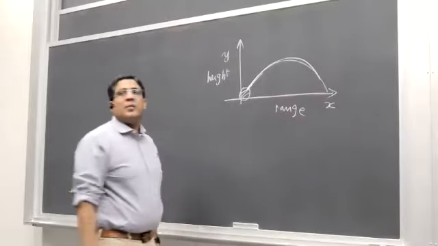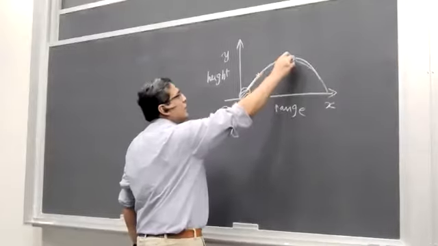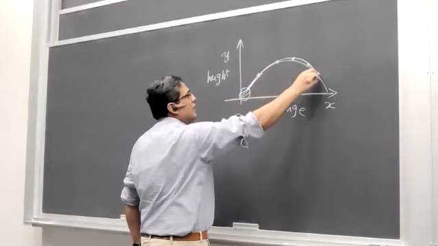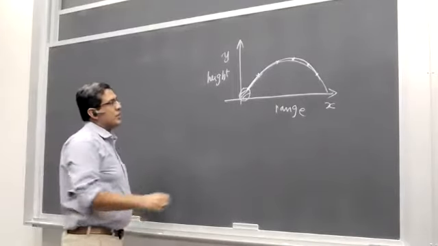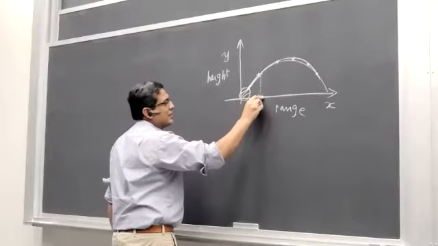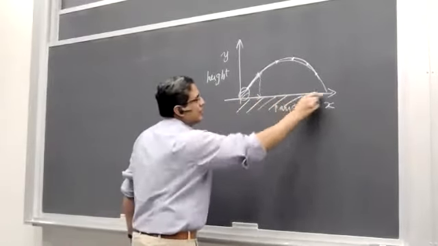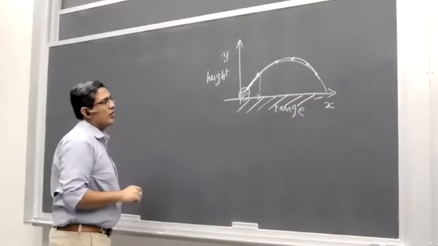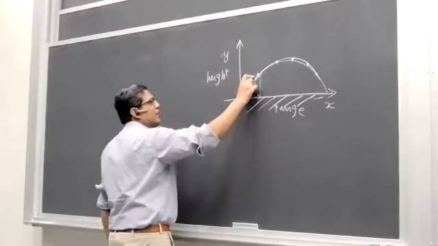But at any time, or at any point on this curve, we can describe its motion or its position with 2 quantities: its range, or the distance it has traveled along the ground, and the height it is at.